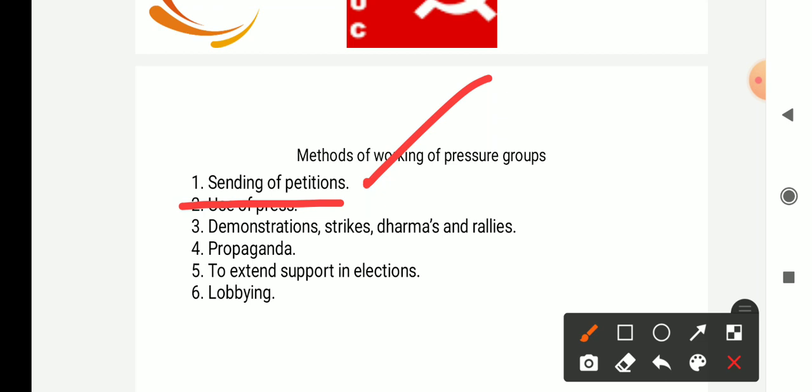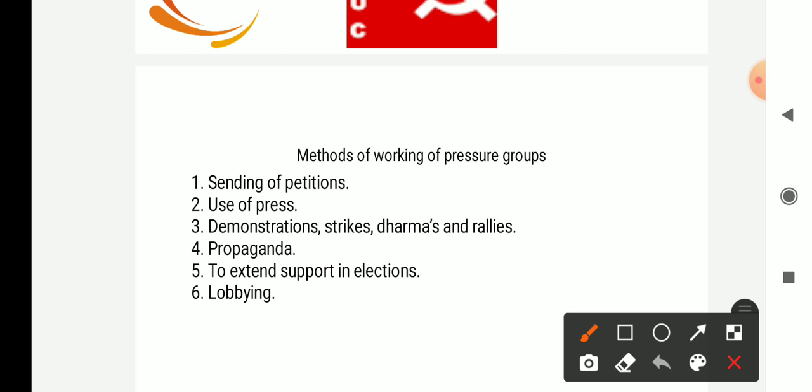They send petition letters to the officials of the government to influence their working in their own favor. Then we have use of press and mass media. Radio, television, newspapers, magazines are used to propagate their own views, and in that way they get attention of the government and the officials.